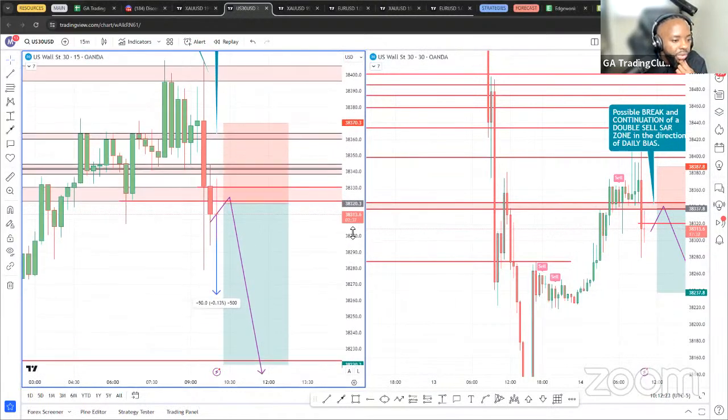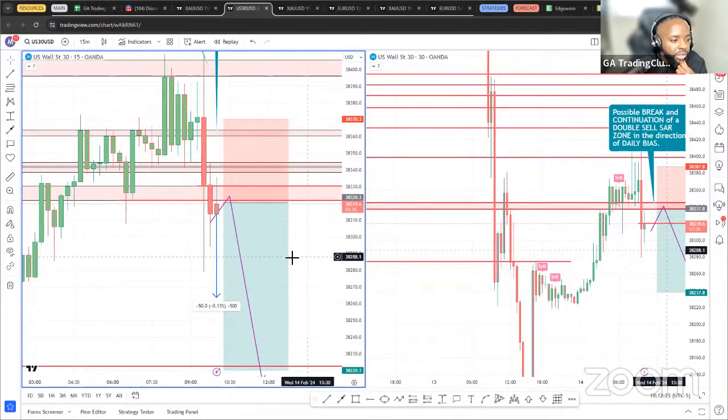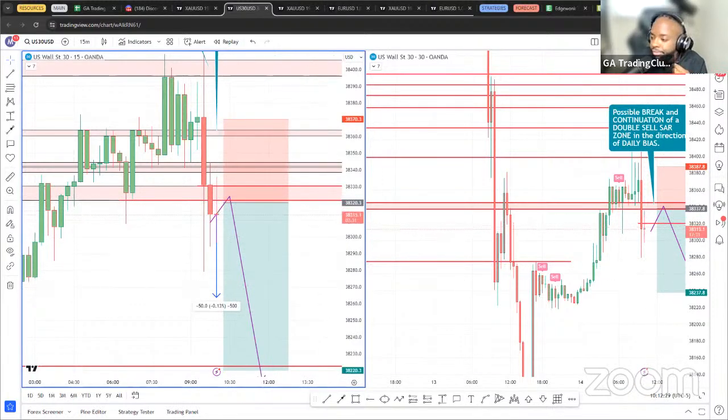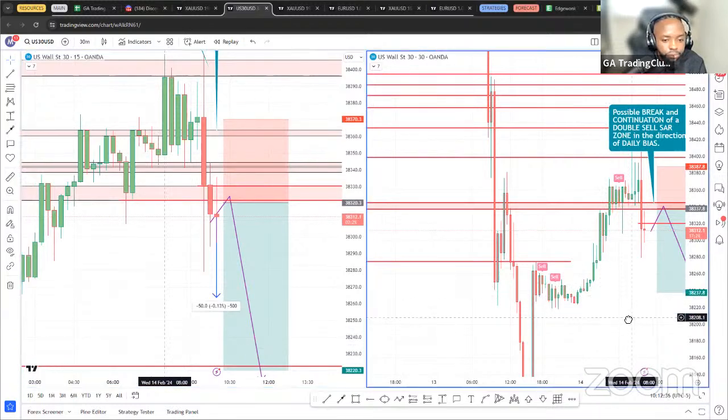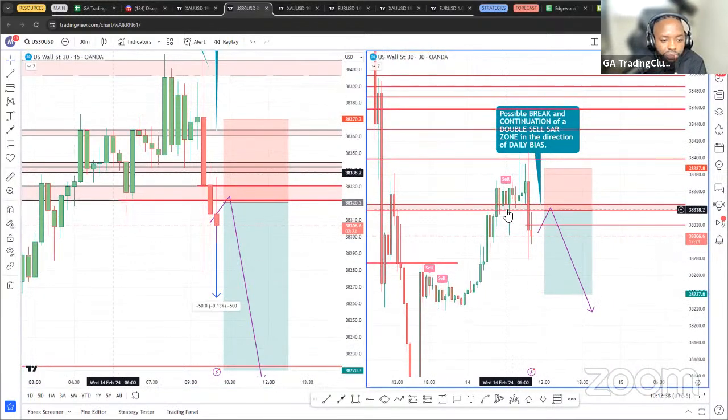Perfect. So exactly what it's doing right there. So I would want it to close around where it's at. And also we still have this 30-minute trade setup.